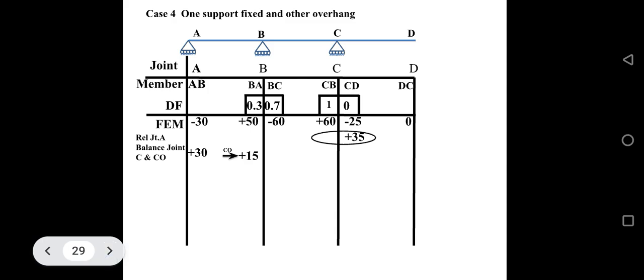Therefore minus 35 and 0. Now this minus 35 moment which you have applied needs to be carried over, half the moment with the same sign, at the far end. And now we will write the step of the initial moment.